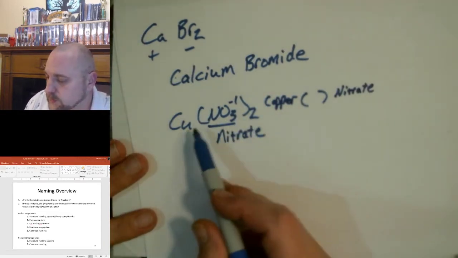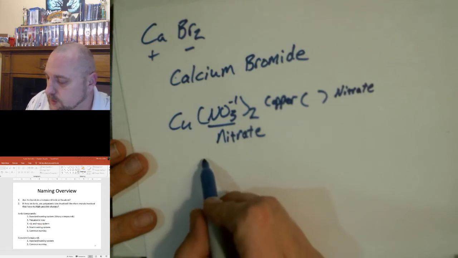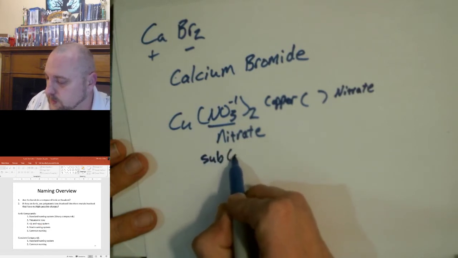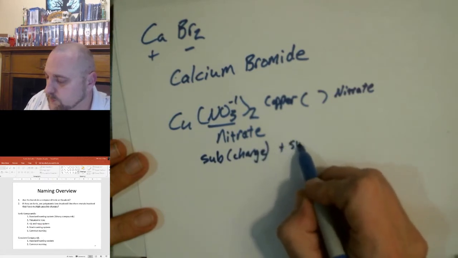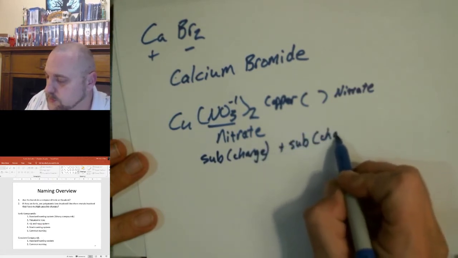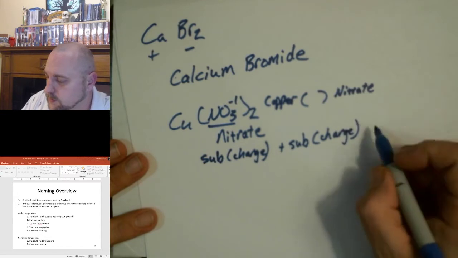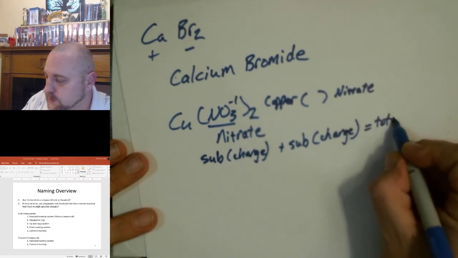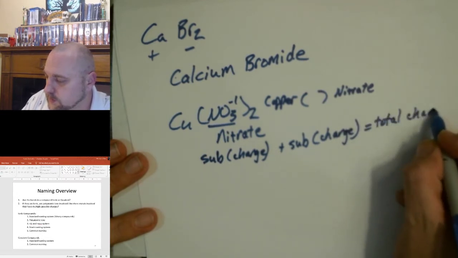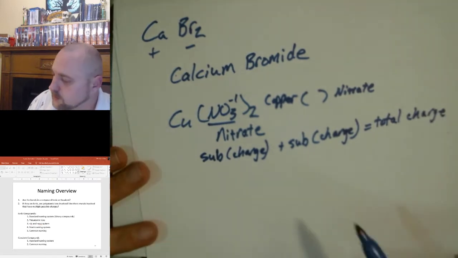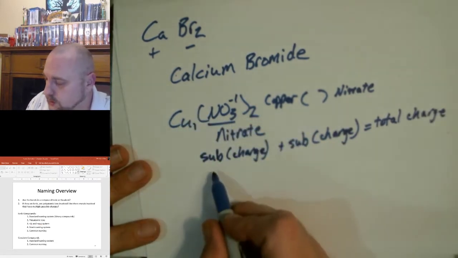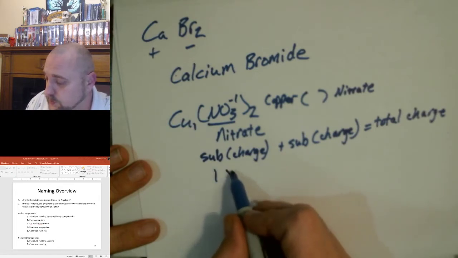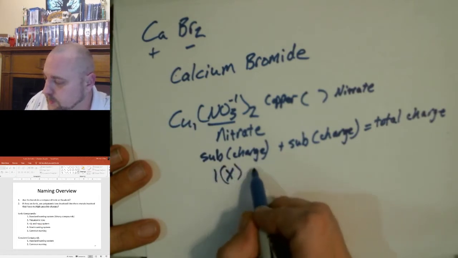So I've got to figure out the charge on this copper. I'm going to do subscript times charge plus subscript times charge equals the total charge. Alright, the subscript on the copper is a 1. I do not know its charge, that's what we're trying to find.